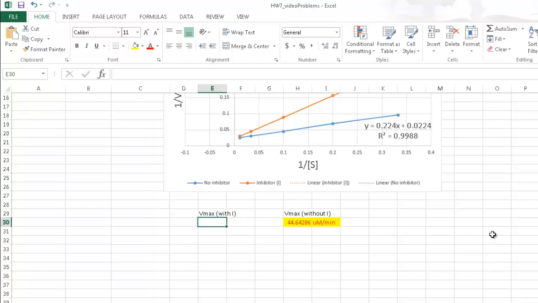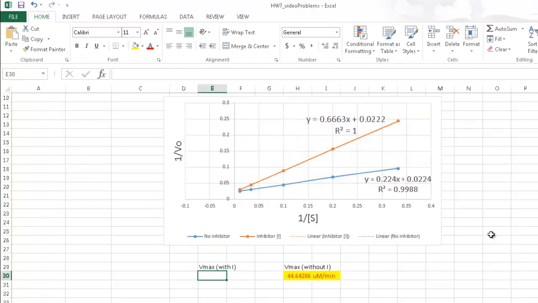Let's do the exact same thing with the presence of the inhibitor. This time we're looking at this brown line, and the y-intercept is where it hits the y-axis. The x value is 0, so plug in 0 here. You get 0.0222. That is not Vmax, that is 1 over Vmax.